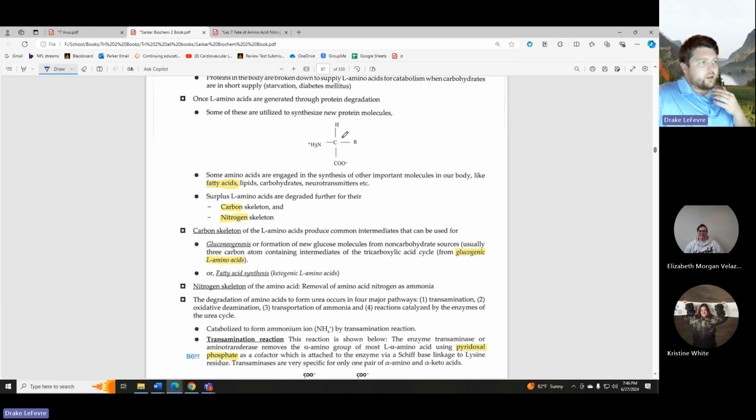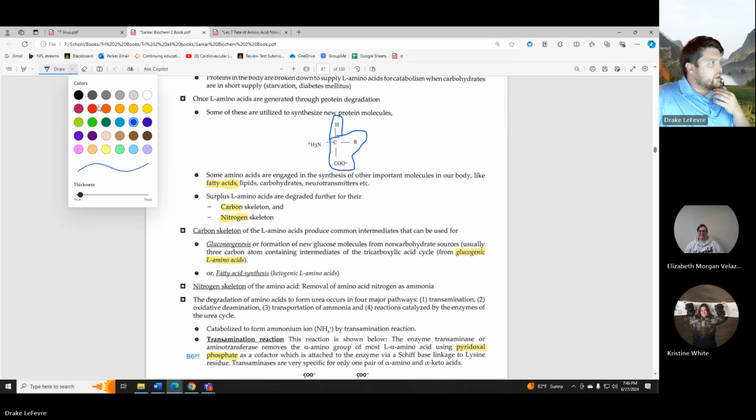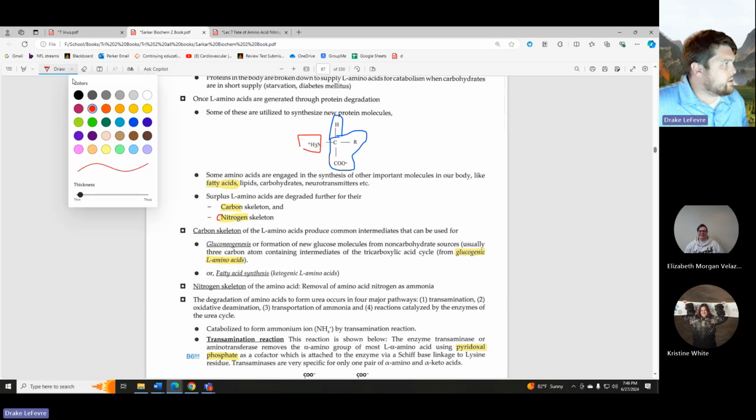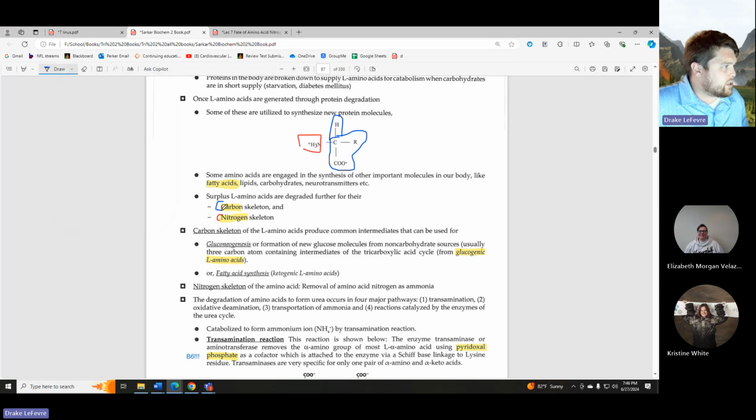So the carbon skeleton is this whole part right here, actually including that. And then the other side is our nitrogen skeleton. Nitrogen skeleton, carbon skeleton. So the carbon skeleton specifically is going to be used essentially for the gluconeogenesis part of things, right?